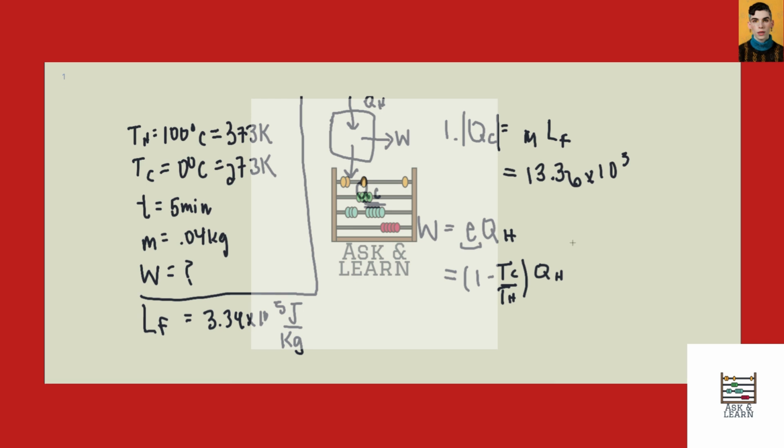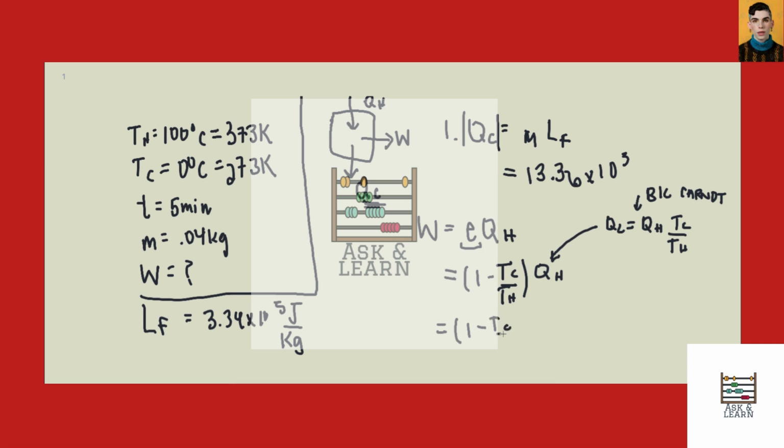But again, for Carnot, we get another equation. I'll do this on the side. QC equals QH times TC over TH. And I'll note that this is because it's Carnot, not always true, only in the case of Carnot. Great. Then I'm going to algebraically simplify this.